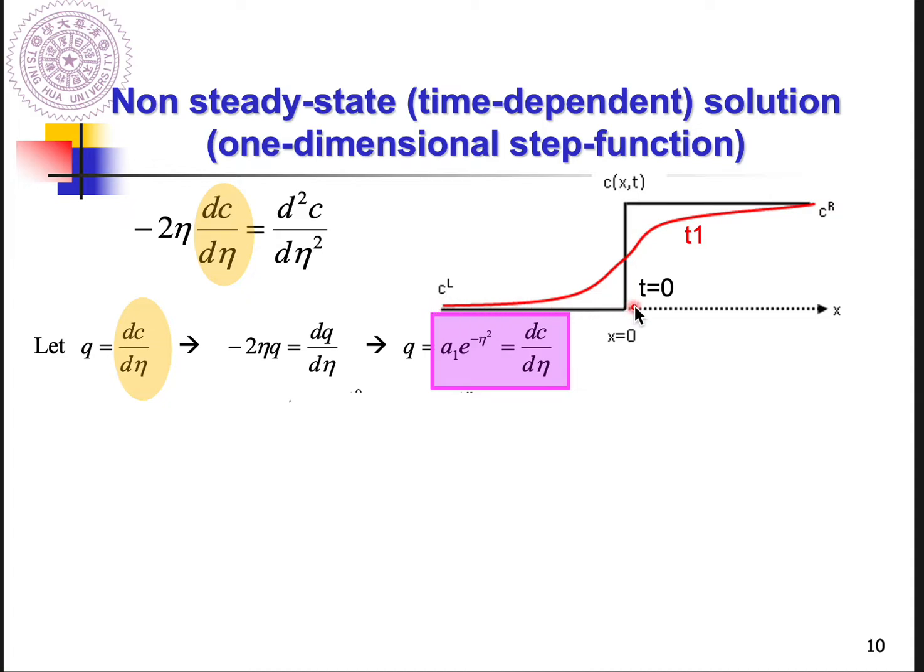The left-hand side concentration is Cl, and the right-hand side concentration will be Cr, and this is a typical step function. At t equals 0, x at 0, so we get this step function profile.